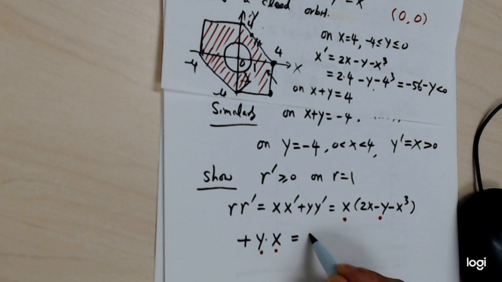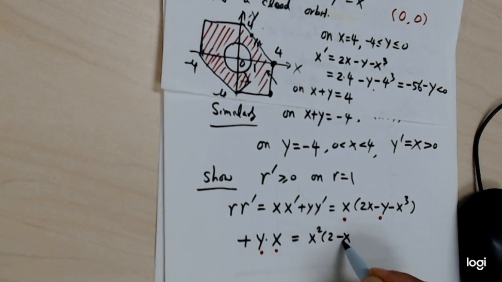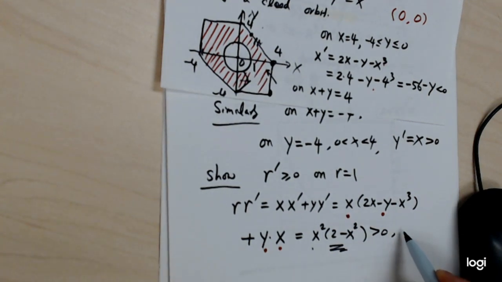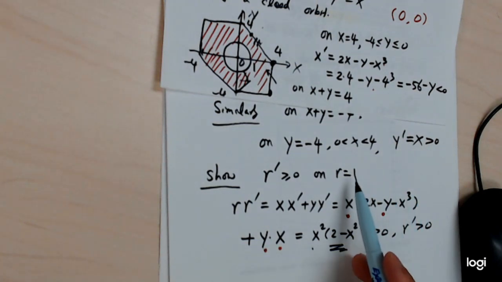The answer turns out to be x squared times 2 minus x squared. Sure, there's still some x term in there, but I can easily tell this is always positive, because x is between negative 1 and 1. So this is strictly positive. That's why r prime is strictly positive when r equals 1.